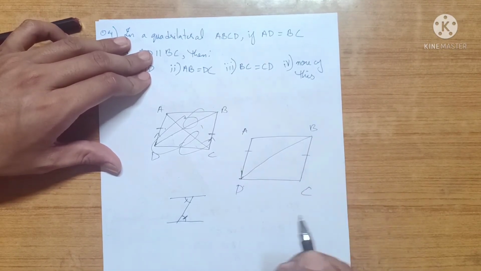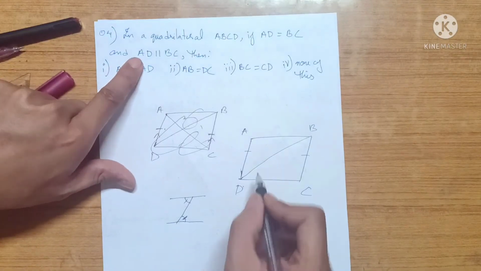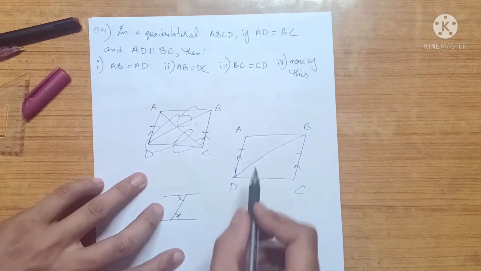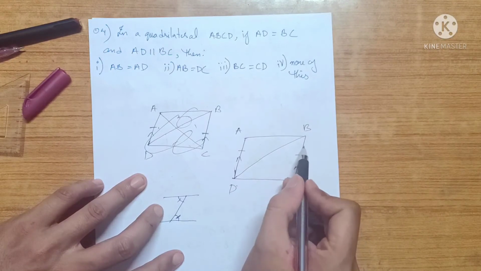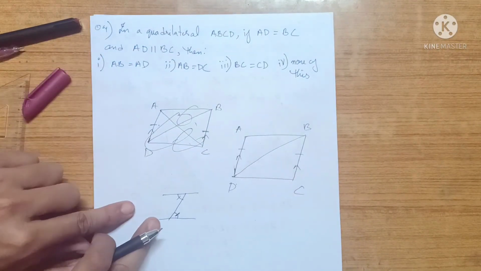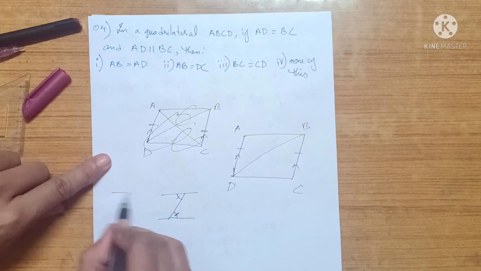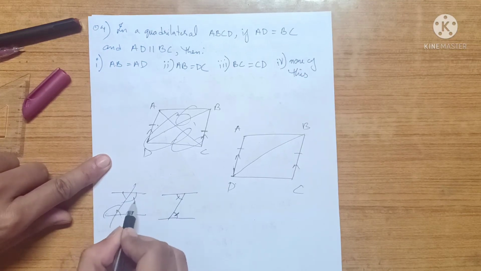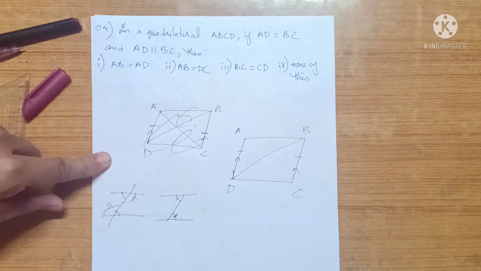So AD is equal to BC, which is given. And then AD is parallel to BC. So if this and this line is parallel, I've already told you that if a line is intersecting, this angle and this angle will be equal. It's called alternating angles, right?